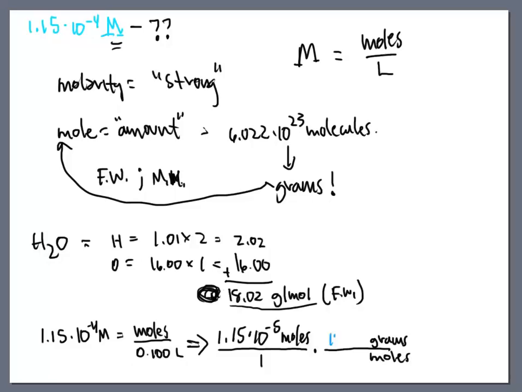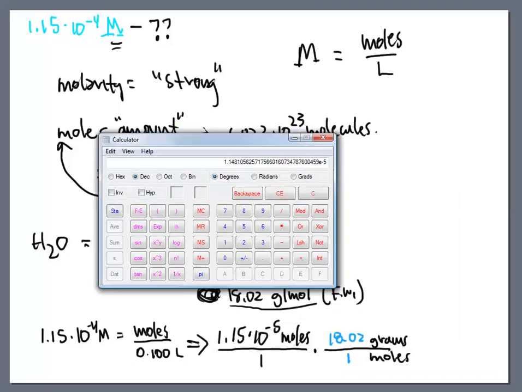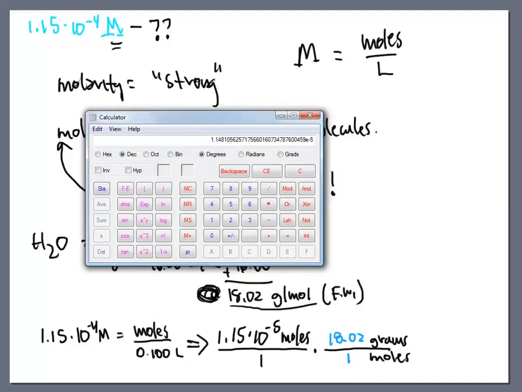So I need to put 18.02 with the gram per, there's my dividing line right there. There's my per, 1 mole. So 1 is going to go there. Now that I do that, I need to take that number and multiply by 18.02 if that's the compound that I'm trying to make, and then I hit enter.